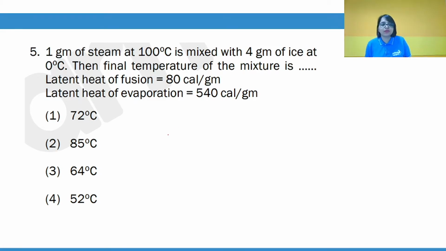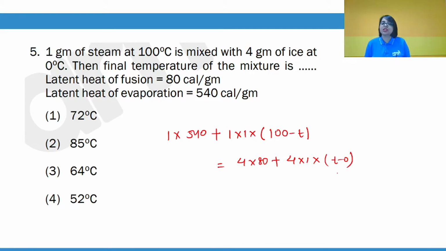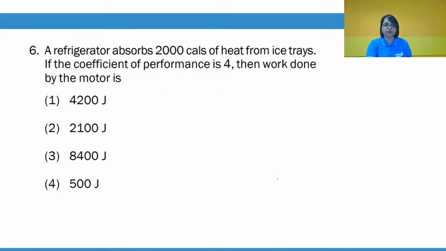So 1 gram of steam, so it is m into L, 1 into L for evaporation is 540, plus 1 into 1 into, let's say, temperature is T. So the temperature of the steam is from 100 minus T, and this heat released will be absorbed by the ice. So it is 4 into 80 plus 4 into 1 into temperature will change from 0 to T. So T minus 0 is the change in temperature. After solving this equation, you'll get the value of T as 64 degrees Celsius.